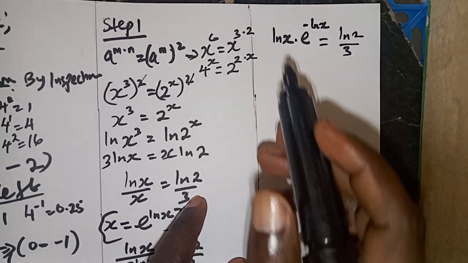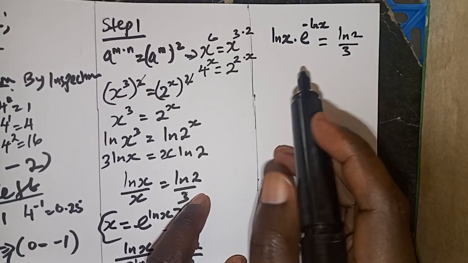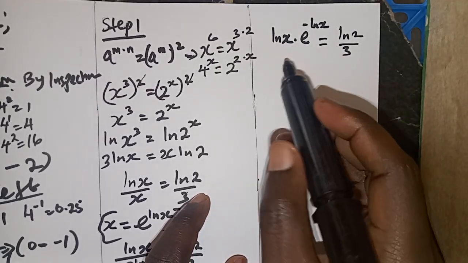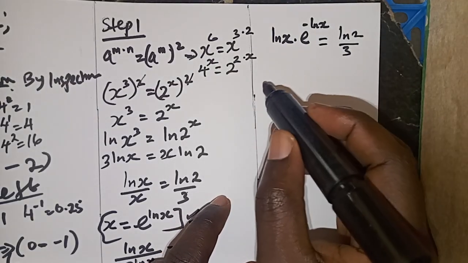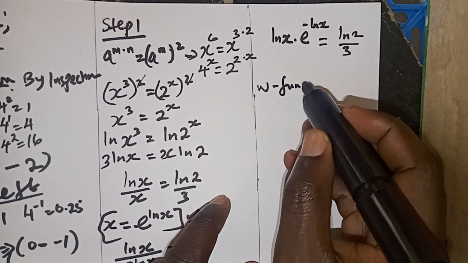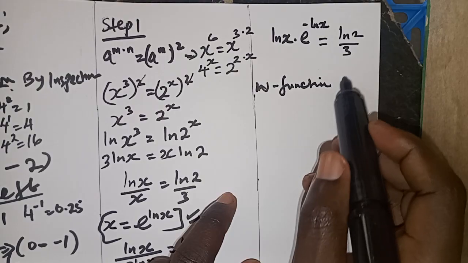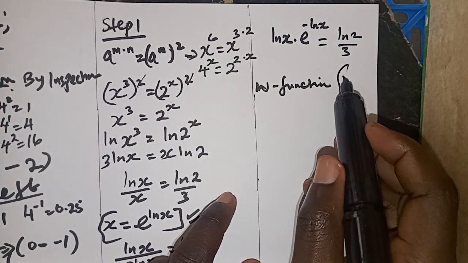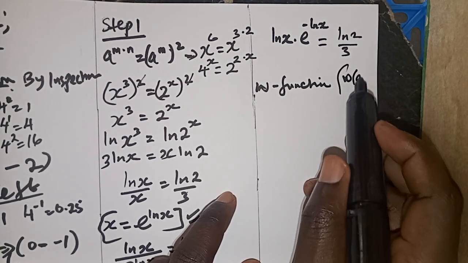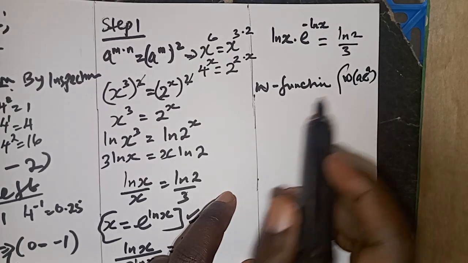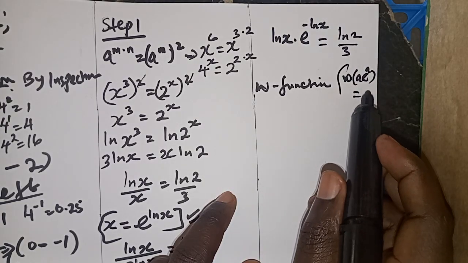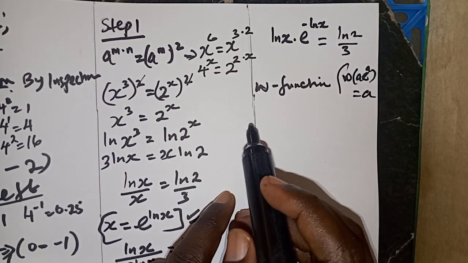So guys, my next point: I want to introduce the Lambert W function, also called the product log function, which says that when you take the W of a times the exponent of a, the answer becomes a.